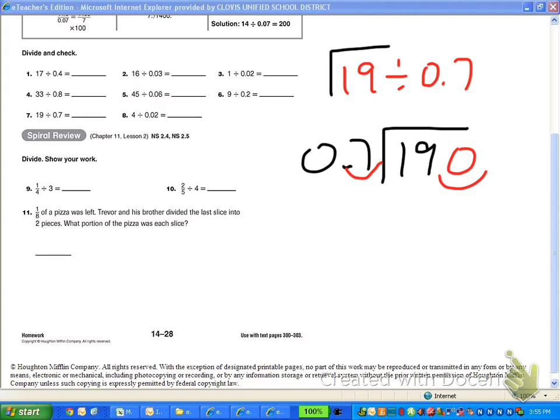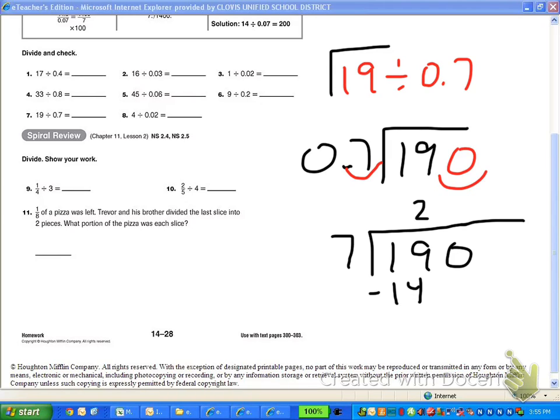Move that over 1. So my new problem is 190 divided by 7. 7 into 19 goes 2 times. 7 into 50 goes 7 times.